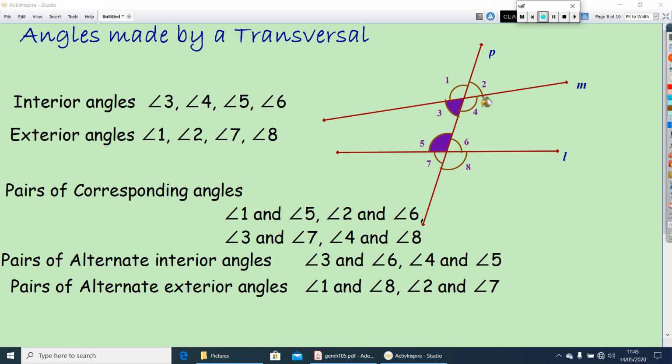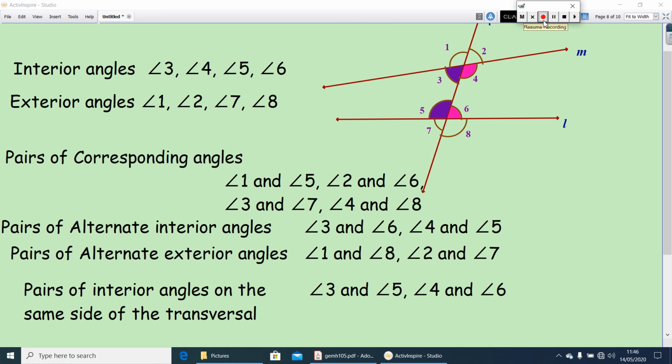One more pair you can find out here, that is angle 4 and angle 6. So pairs of interior angles on the same side of the transversal are angle 3 and angle 5, angle 4 and angle 6.